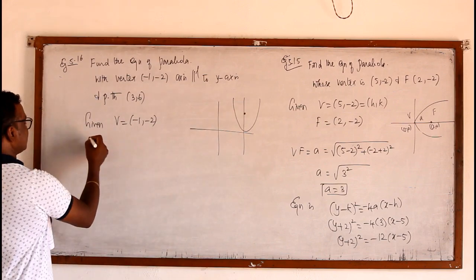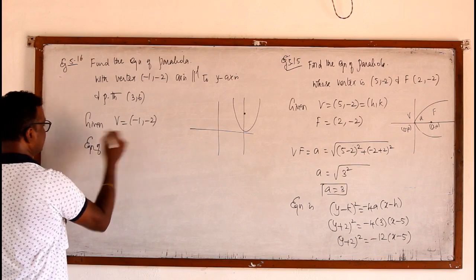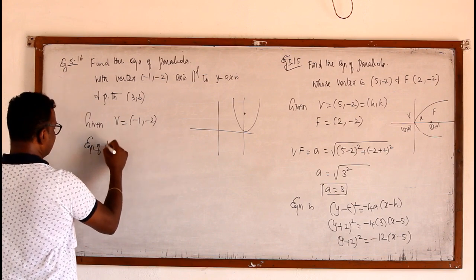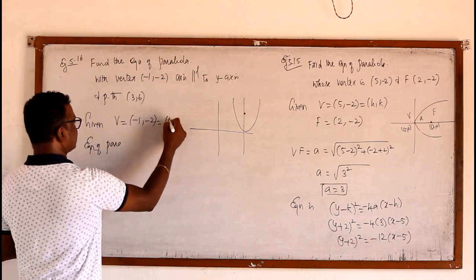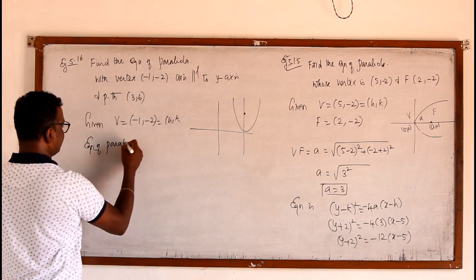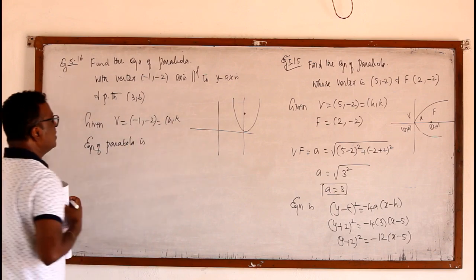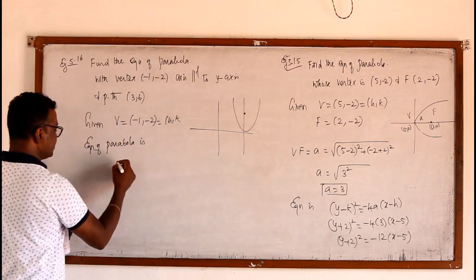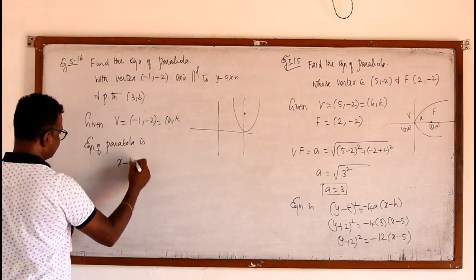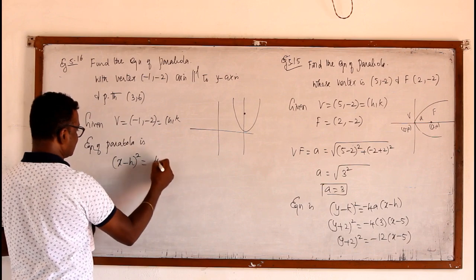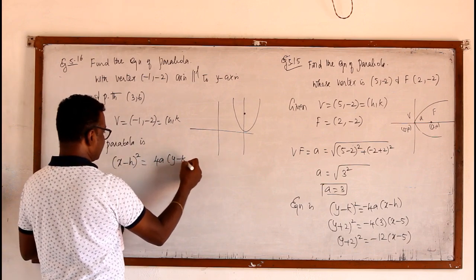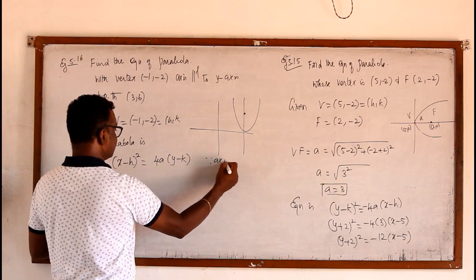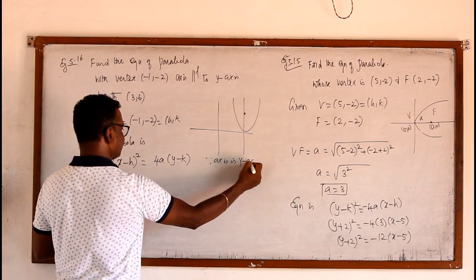Therefore, equation of parabola, this is our (h, k). The curve is symmetric about y axis. That means it will start with x, isn't it? So (x minus h) the whole square equal to 4a into (y minus k), since axis is y axis.